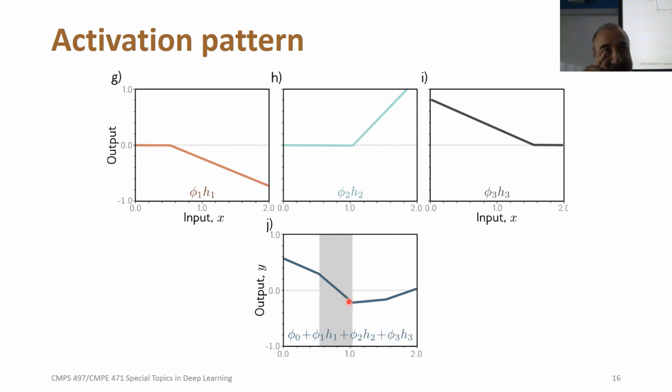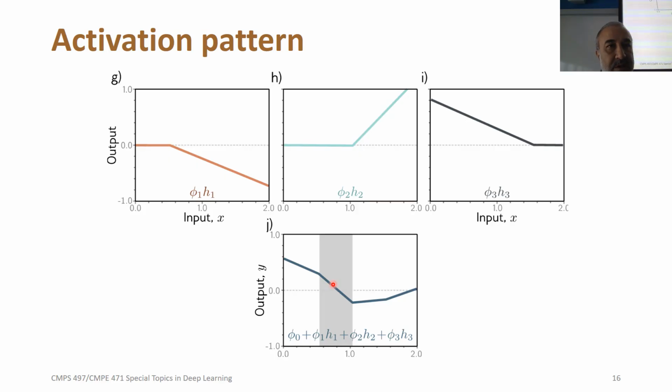So every region has some hidden units active and some inactive. Let's look at this shaded region. Which units are active and which are not?